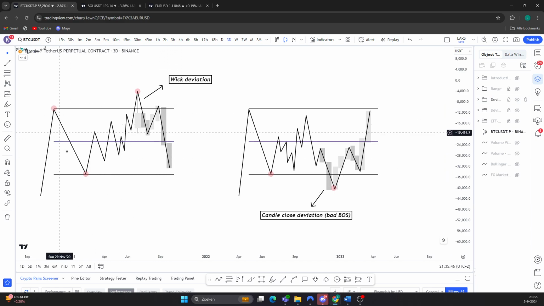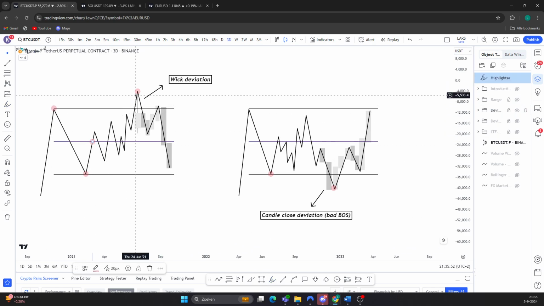We have an uptrend, we have our range high, we have our range low that got confirmed right here on this equilibrium touch, and we wick the high. So now we can call the range high, and if we break structure, we can have a rotation back down towards the range low. Very easy. Wicks are always the easiest deviations because it's not even a break of structure in the first place. Okay?